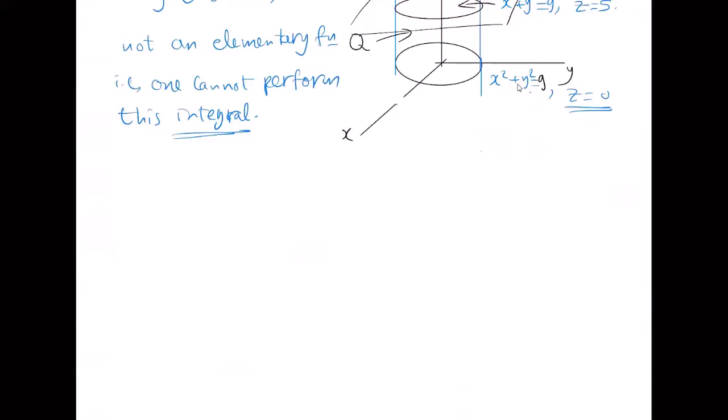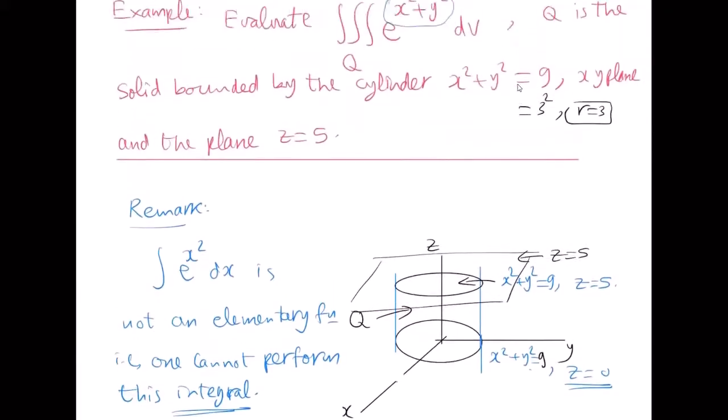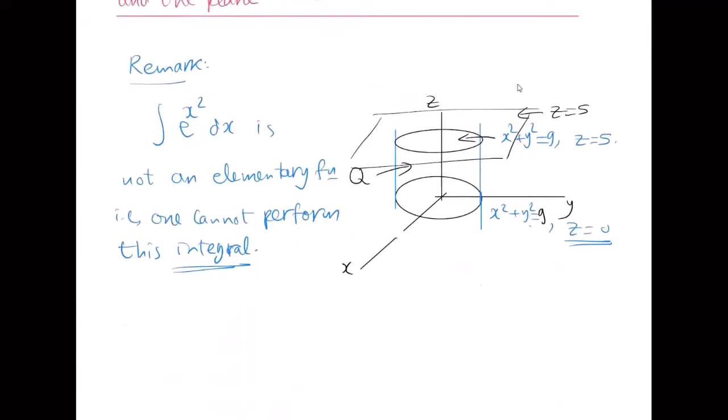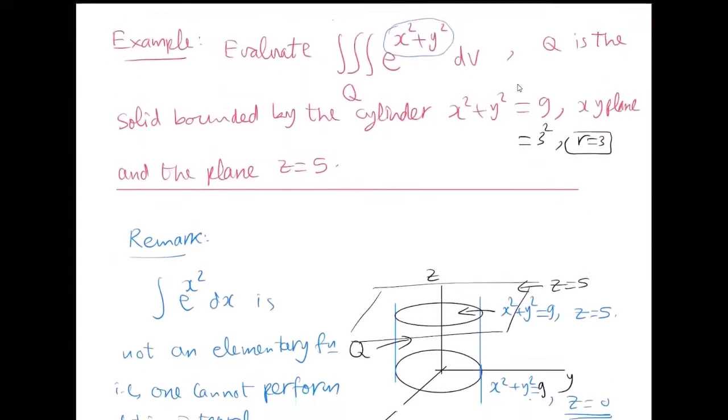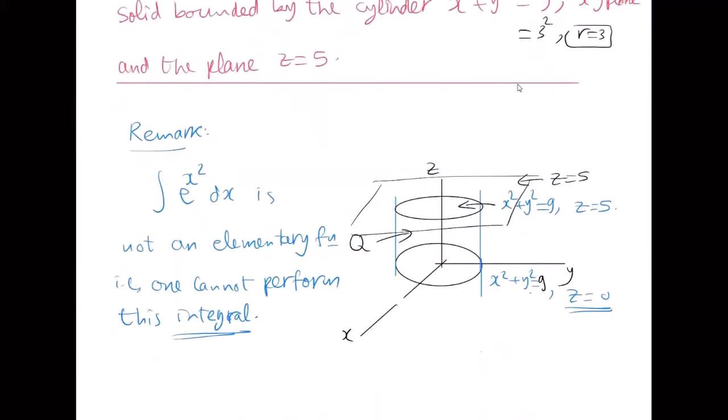The first part of this integral is to read this region as a type 1 region in space, from z equals 0 up to z equals 5.